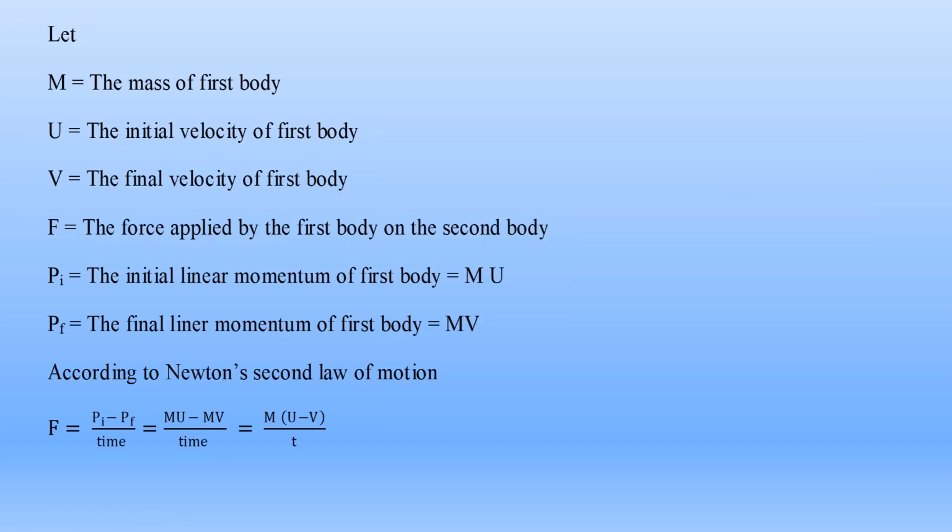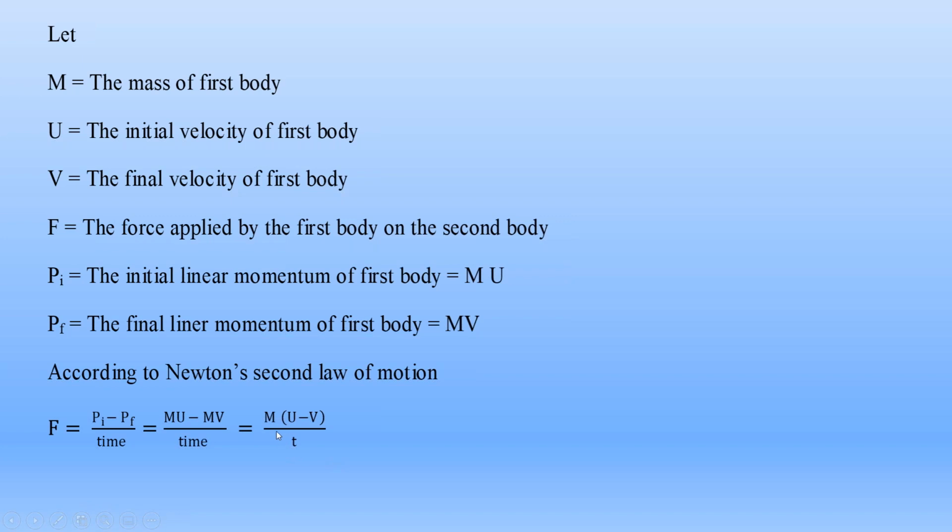That is Newton's second law. So here the force F in this example is equal to mu, initial linear momentum, minus mv, final linear momentum, divided by time. Take this mass common in the numerator. So it is m into (u minus v) by time.